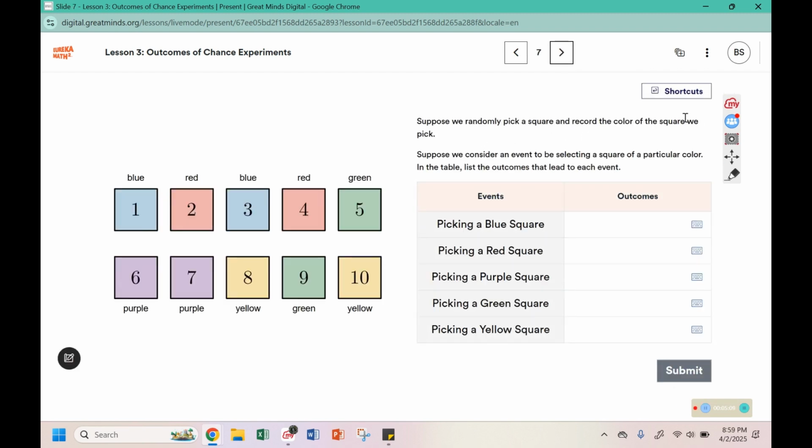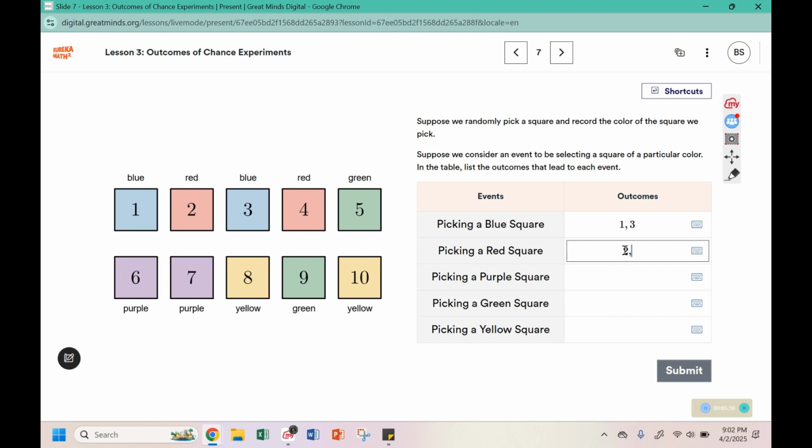Suppose we randomly pick a square and record the color of the square we pick. Suppose we consider an event to be selecting a square of a particular color. In the table, list the outcomes that lead to each event. So if we're picking a blue square, it could be 1 or it could be a 3.